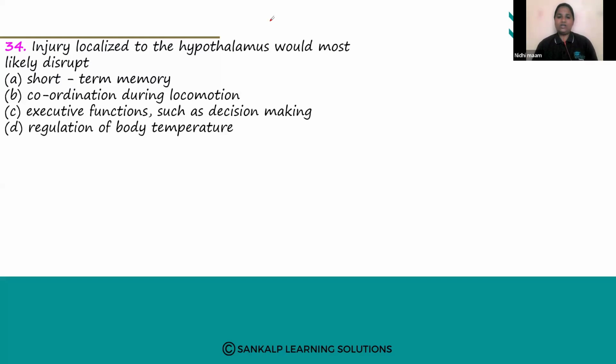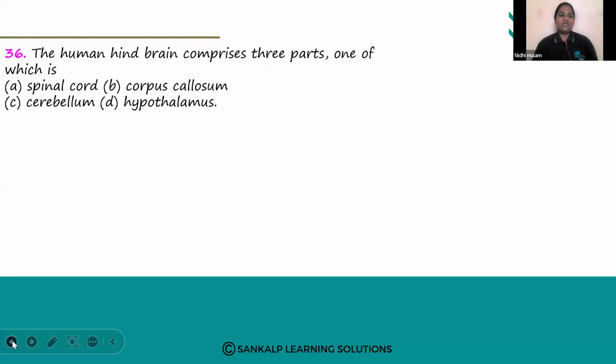Recently we solved a question on the thermostat, which will maintain the body temperature. Just to recall that question. Okay. So the right answer for this question is option D, regulation of temperature.